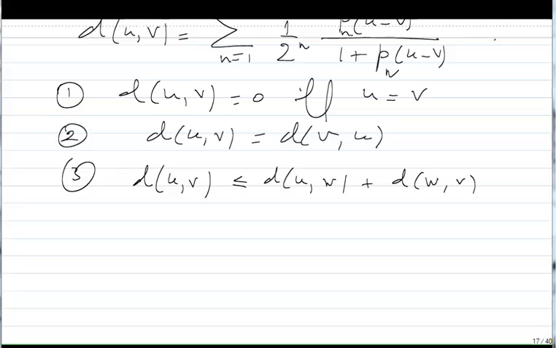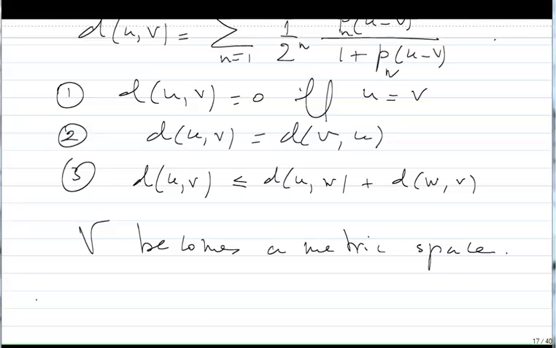And now that we have a distance, this V, the vector space, becomes a metric space. And if V becomes a metric space, then we can define, as we did before, a topology.